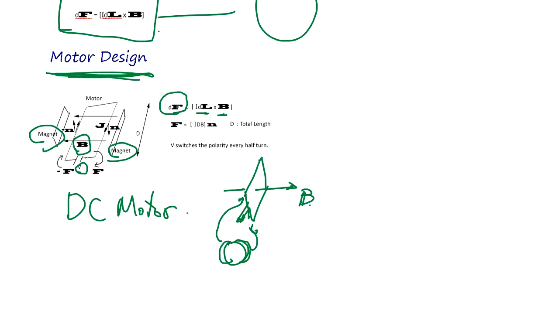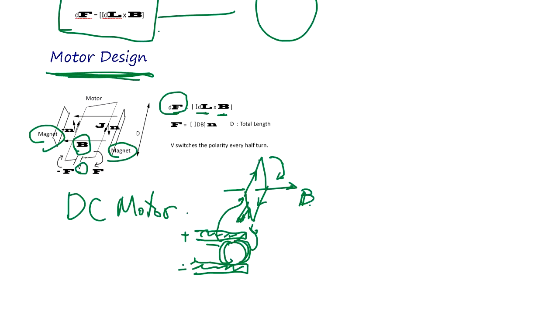When it flips to the vertical position, the contact is configured this way. So as soon as it flips, it suddenly switches the current. So it starts moving again until it becomes vertical.